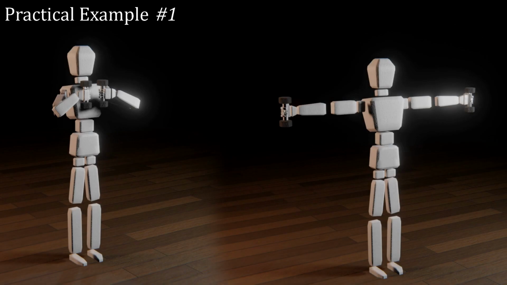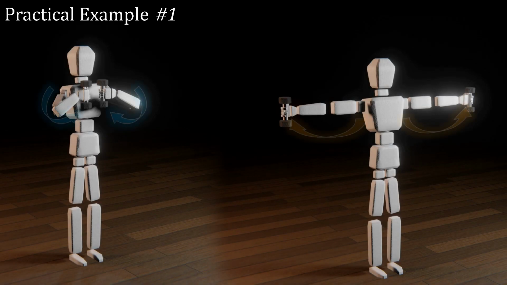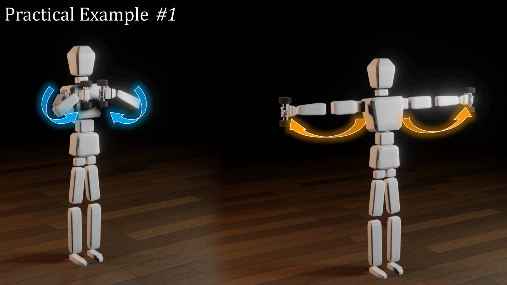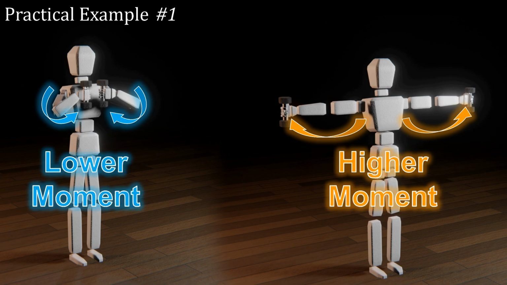The reason for this is that, even though the amount of mass is the same, it is distributed differently. The mass of yourself, plus the dumbbells, is now, overall, farther away from the axis of rotation, which means that the moment of inertia has increased, so more torque is required to rotate.